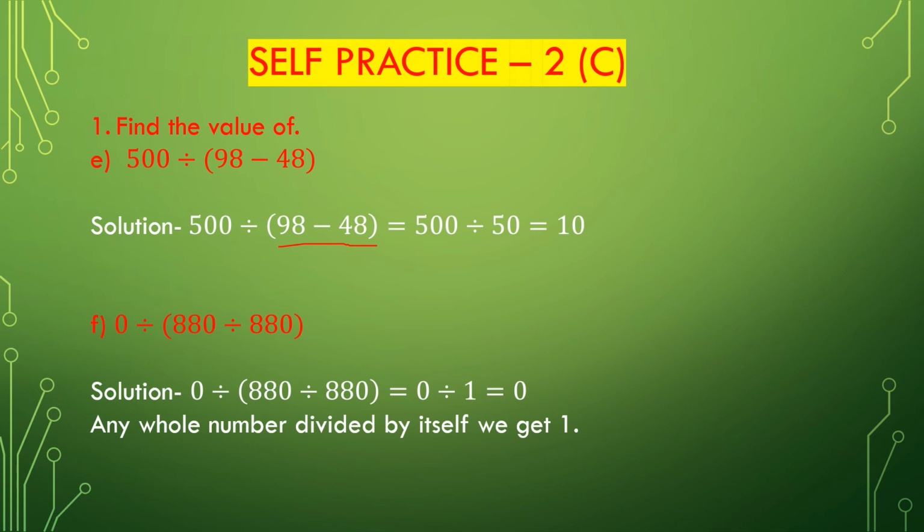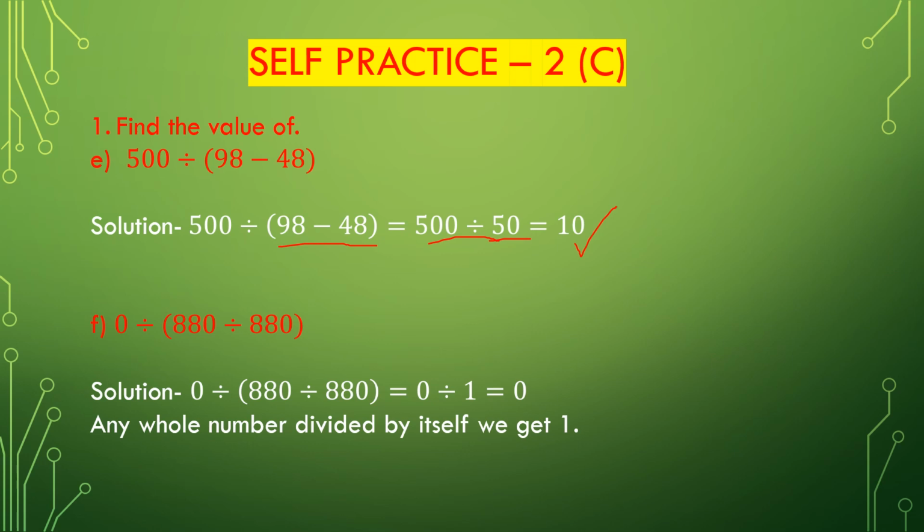So first we solve this calculation from inside the bracket. So 98 minus 48 is 50. Then we get 500 divided by 50. 500 divided by 50 equal to 10. We get 10. So 500 divided by 98 minus 48 inside the bracket equal to 10.